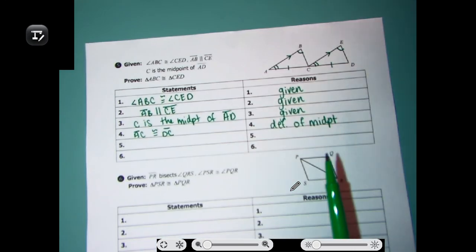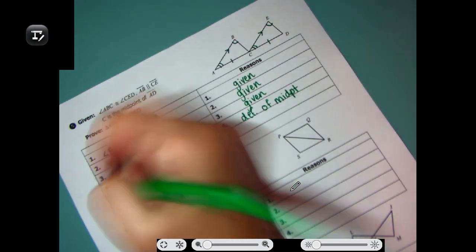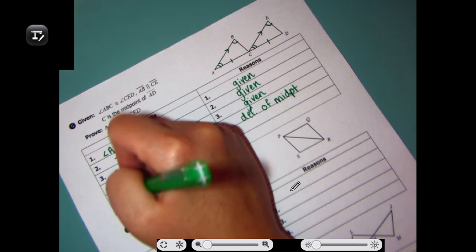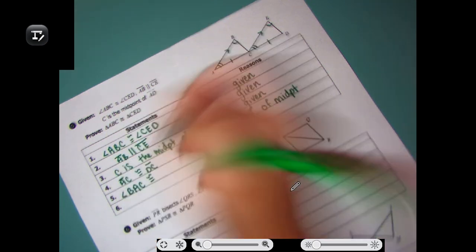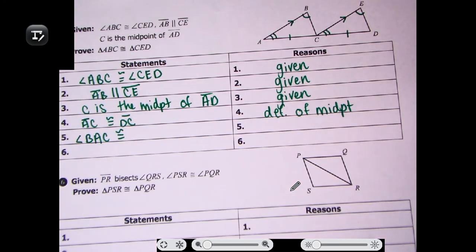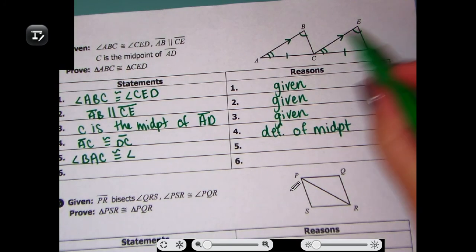Okay, they're in the same position on those parallel lines. So we would have corresponding angles as our reason for stating, and let's make this statement here. Angle BAC is congruent to angle ECD.